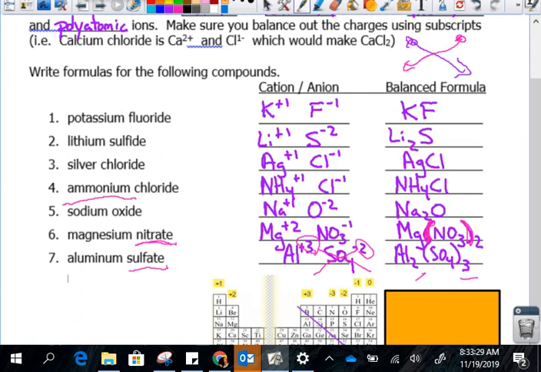What's really going on there is you have the +3 charge, and there's 2 atoms, so that's 6 electrons lost. And you have the -2 charge, and there's 3 atoms, and they're gaining the 6 electrons. So the aluminum is losing 3, and the sulfates are gaining 2 each to balance each other out.